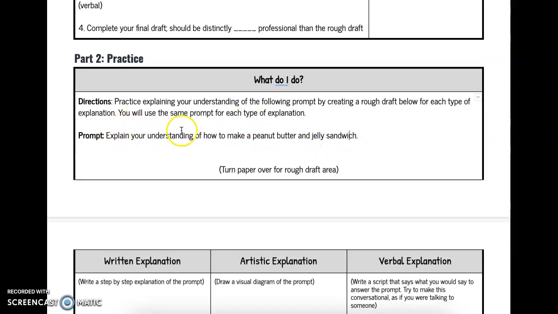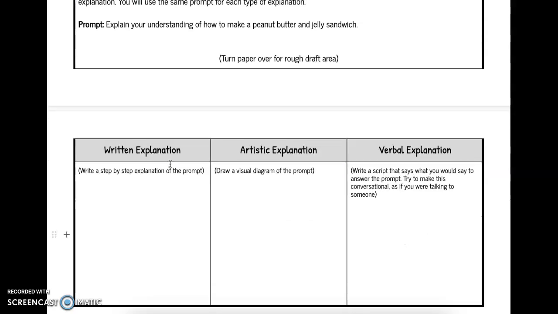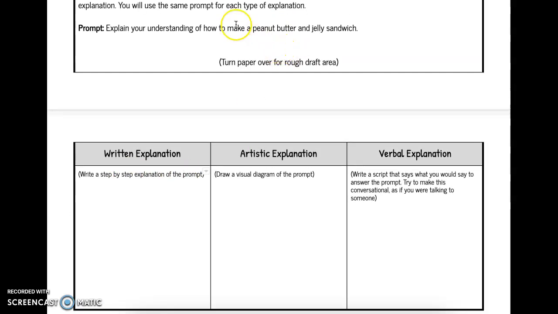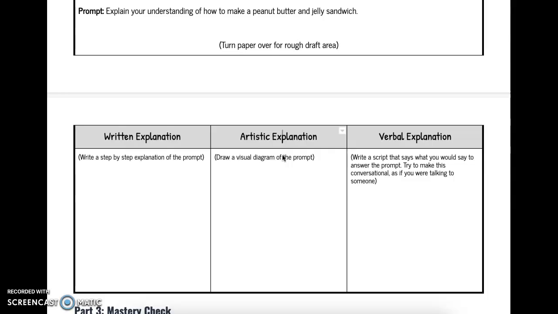So I'm going to use this same prompt or this same idea to then practice each type of explanation that we just learned about. I'm going to do a written explanation. I'm going to write out a step-by-step explanation of the prompt. Again, how to make a peanut butter and jelly sandwich. Then I'm going to do a brief and not necessarily final-draft version of an artistic explanation.